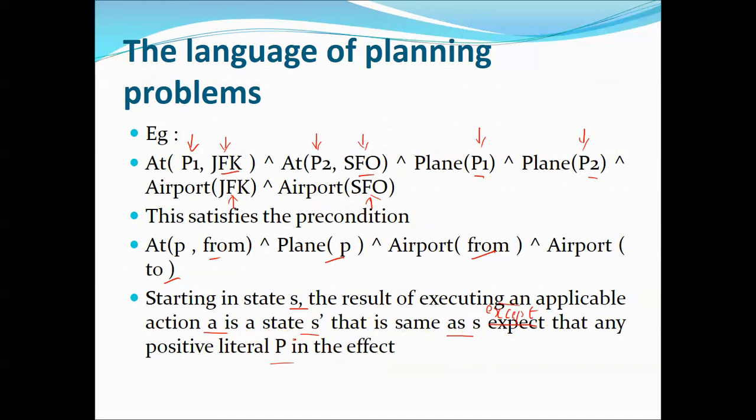So what does it mean? Currently you are in some state S. From this state, if you apply an action A, you will get a state S'. So what is S'? S' is nothing but the same as S plus some positive literals. It may add some positive literals to S. Because you are finally reaching some destination, based on that some positive literals can be added. So that is what it says.